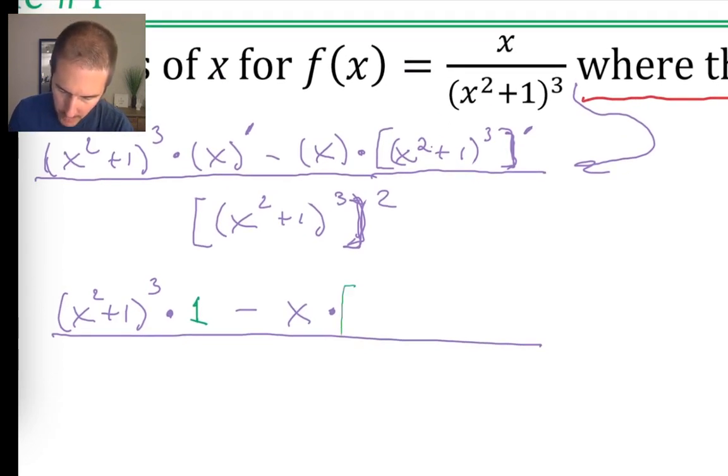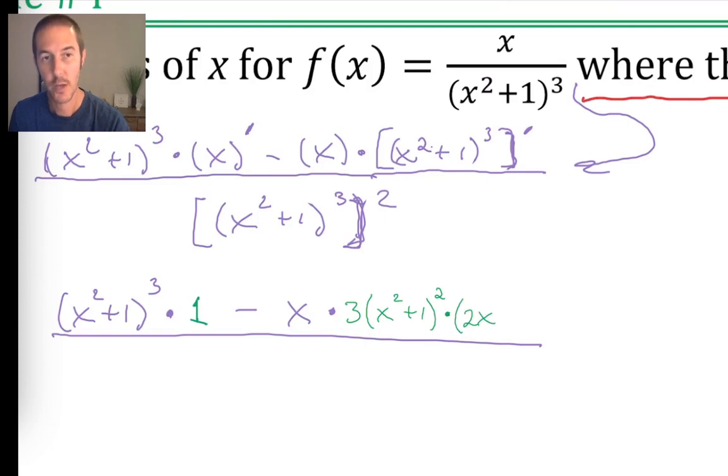The 3 multiplies out front, parentheses, x squared plus 1, decrease the exponent by 1, so now it's a 2, and then here comes the chain rule. Now we have to multiply by the derivative of the inner function, so we will multiply by 2x, or 2x plus 0 if you wish.